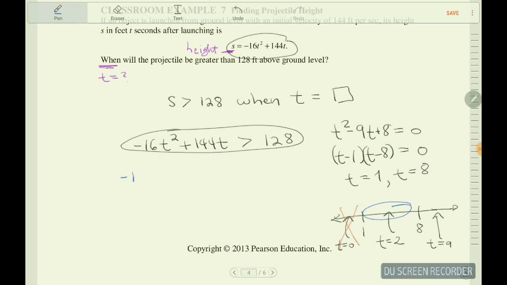So we would have negative 16 times 9 squared plus 144 times 9. So 16 times 81 is negative 1296. 144 times 9, which is 1296.